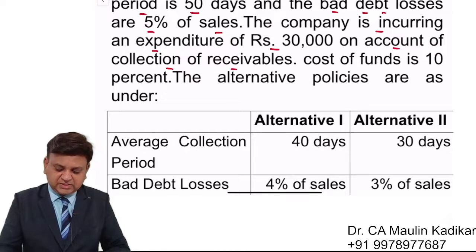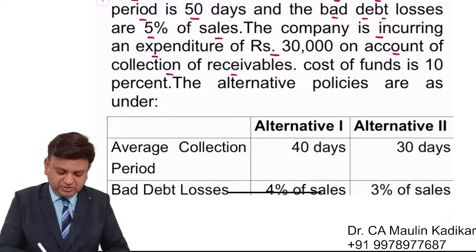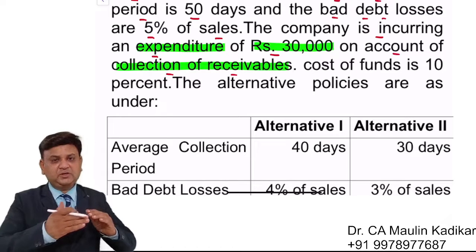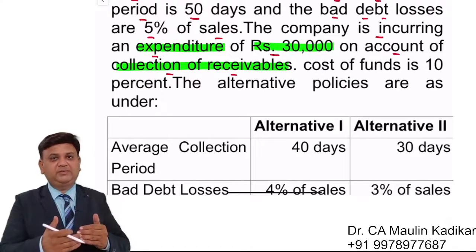So dear students, this is a new information provided to us. We have been provided that the cost is 30,000 for the purpose of collection of the receivable. So this is considered to be a kind of annual collection cost, whatever the cost that we are incurring to collect the receivable.